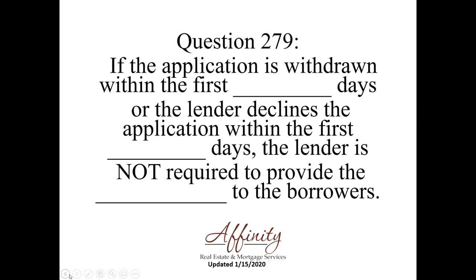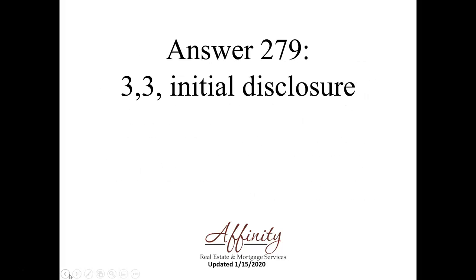Question 279. If the application is withdrawn within the first how many days, or the lender declines the application within the first how many days, the lender is not required to provide what to the borrowers? That will be 3 and 3, and they are not required to provide the initial disclosure.